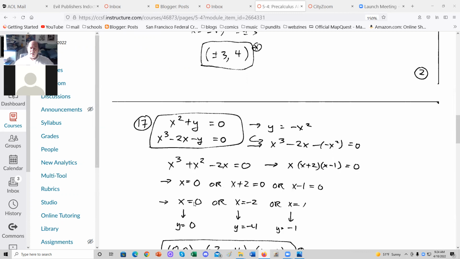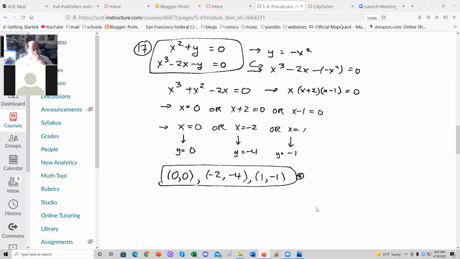From x is 0, if y equals negative x squared, y is 0. If x plus 2 is 0, then x equals negative 2, and then y equals negative x squared is negative 4. If x minus 1 is 0, then x is 1, and y is negative of 1 squared, which is negative 1. So here are the three solutions: 0 by 0, negative 2 by negative 4, and 1 by negative 1.